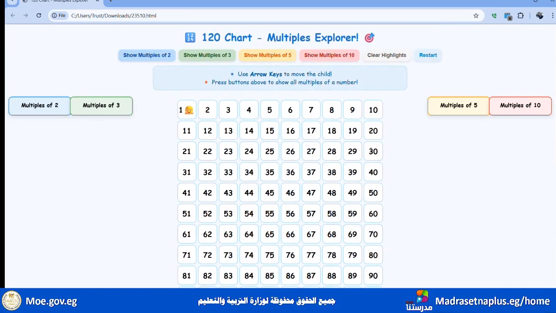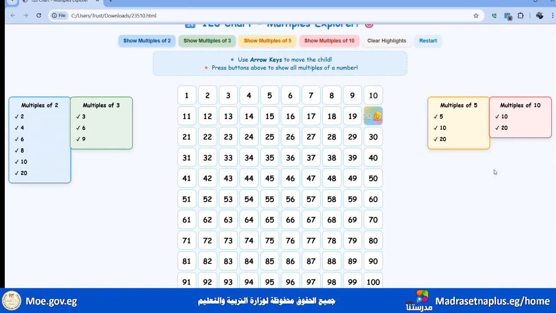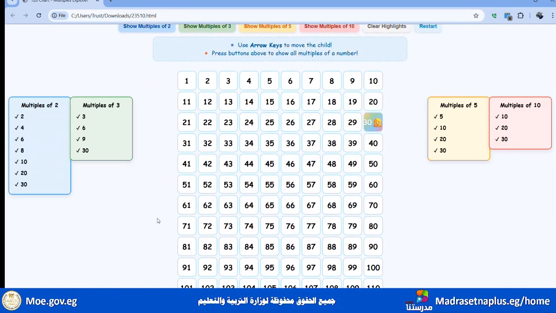Last question, 30 is a multiple of what? Yes, we stop at 30. 30 is a multiple of 2, 3, 5, and 10.